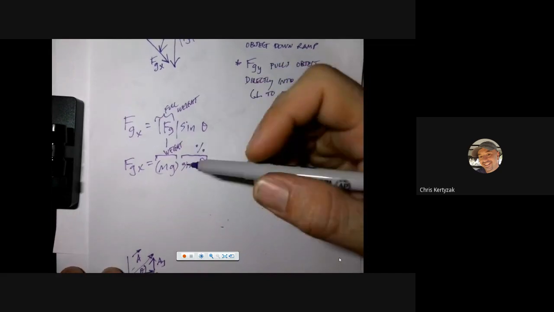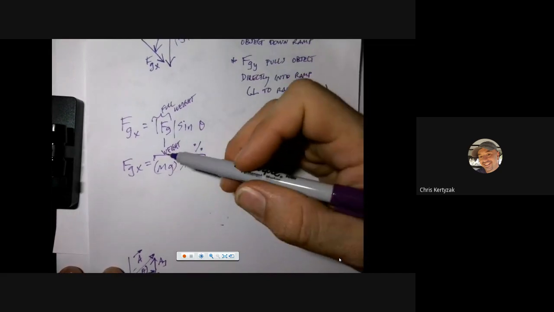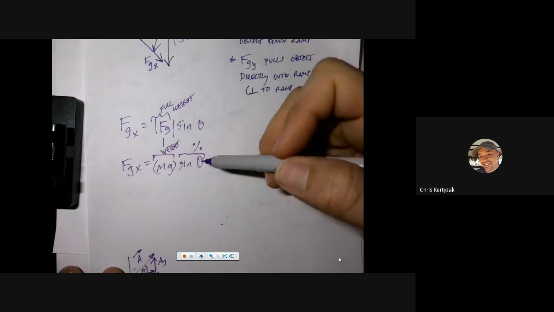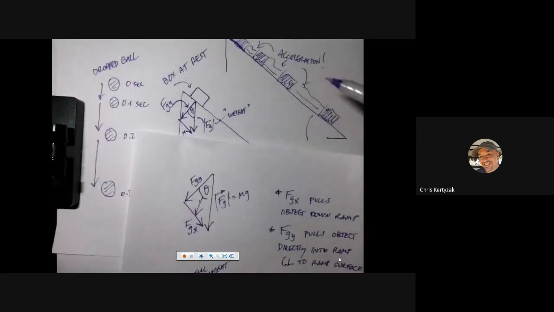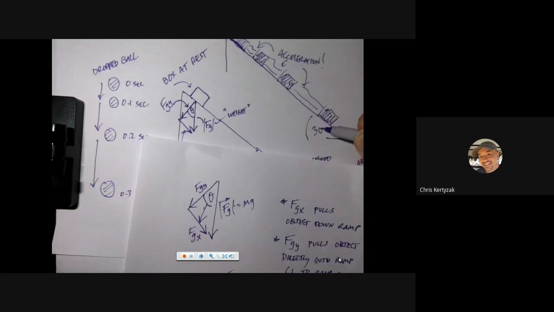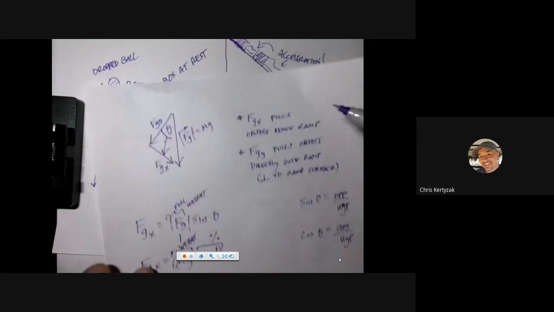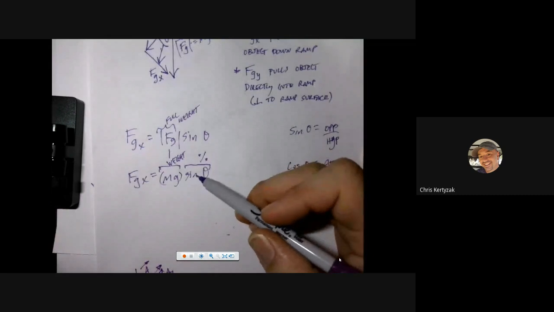So for me, if I weigh 800 newtons, and if this percentage came out as, when I put in sine of, I don't know, let's just say it was sine of 30 degrees, sine of 30 is technically 0.5, which is like 50%.